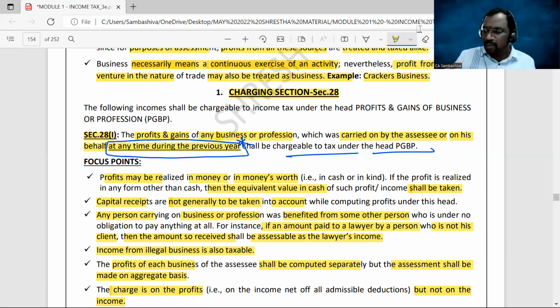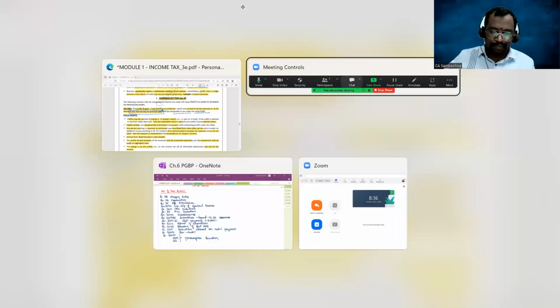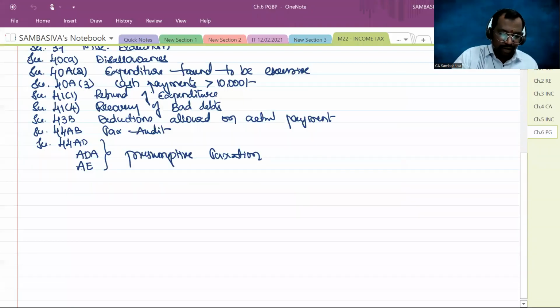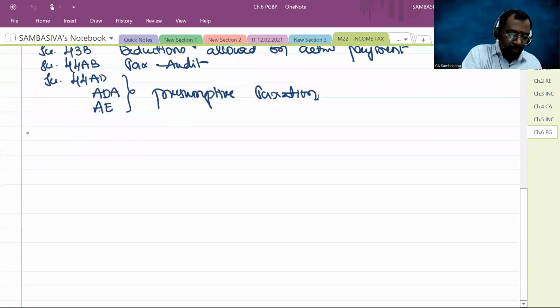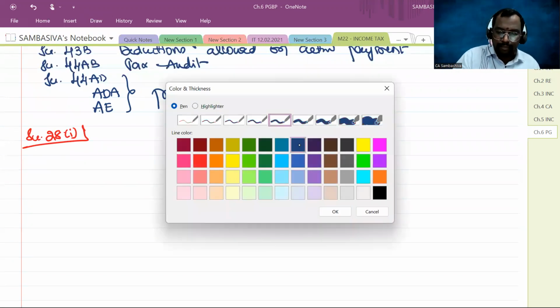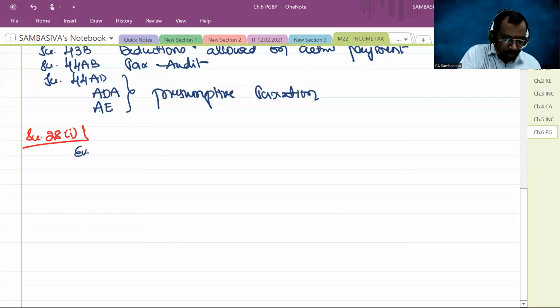Now, let me explain one example here. Section 28, clause 1, we are discussing. Look at this example.